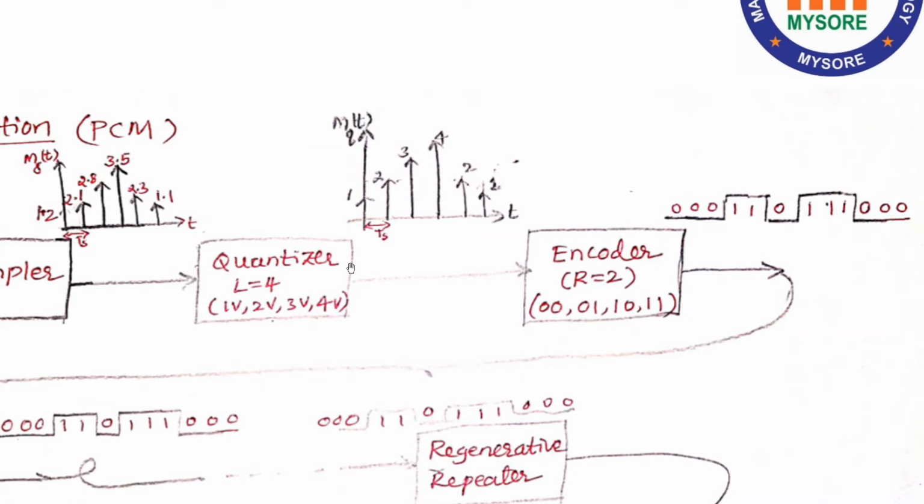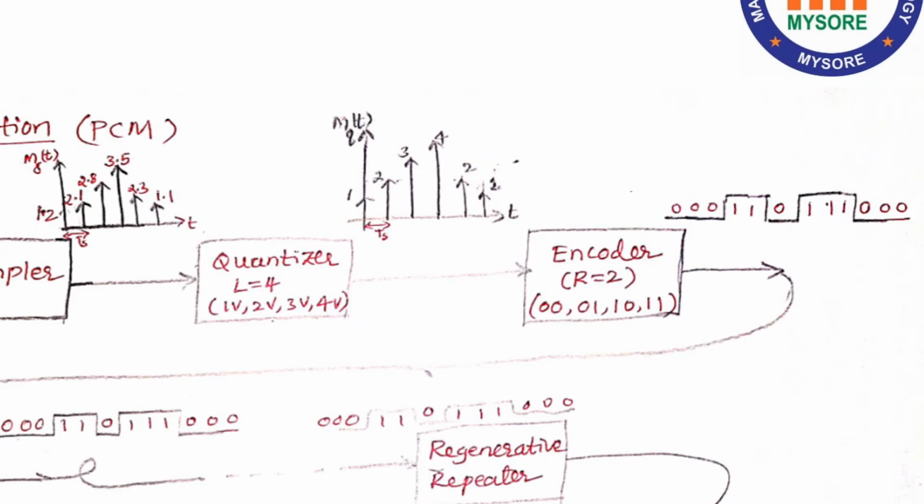The signal is applied to a quantizer in the next stage, where we have chosen a 4-level quantizer, where 4 voltage levels are designed such that any voltage between 0 and 1.5 is rounded off to 1 volt. Any voltage between 1.5 and less than 2.5 is rounded off to 2 volt, and voltage greater than 2.5 and less than 3.5 to 3 volt.